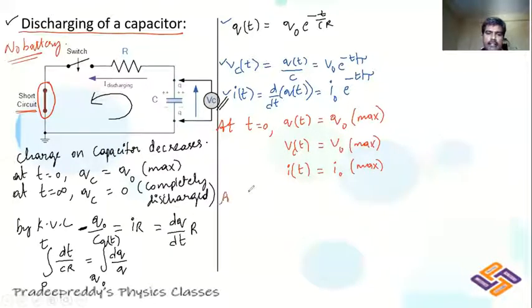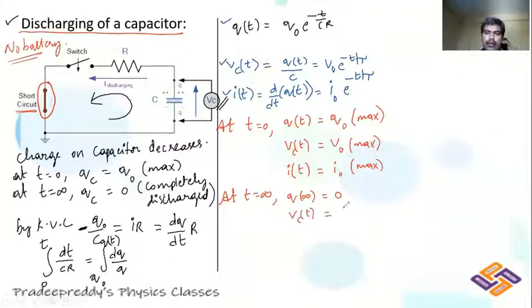Now let us take the time t is equal to infinity. What would happen? Check it up. Q of infinity is equal to q naught into e power minus infinity. Something by infinity becomes 0. Therefore, it becomes 0. And what about voltage across the capacitor?